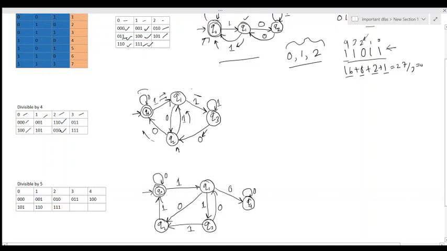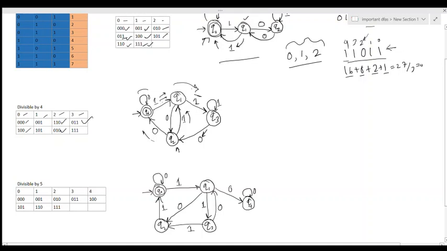For remainder 3 we take 0 0, then reach 1, then Q2. Okay, so this is recognized. For 3 1, start with Q0, reach Q1.